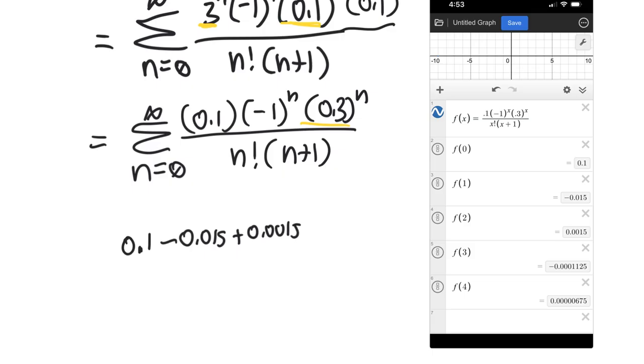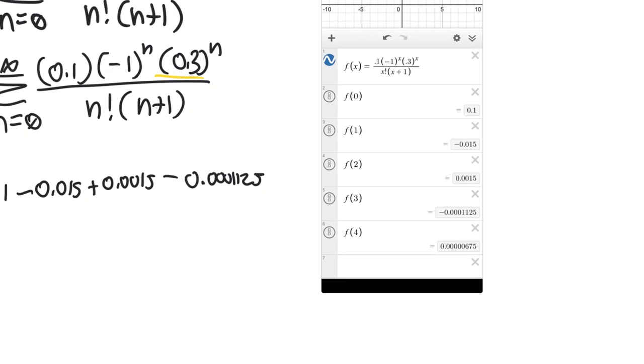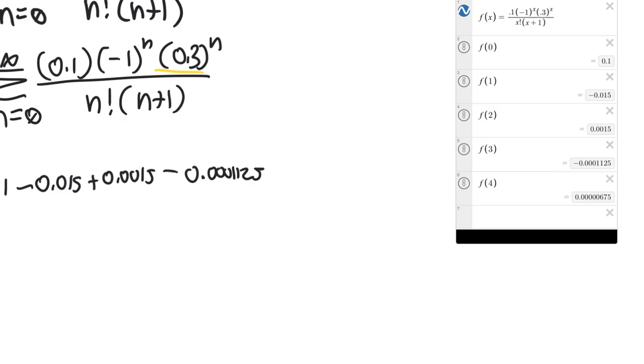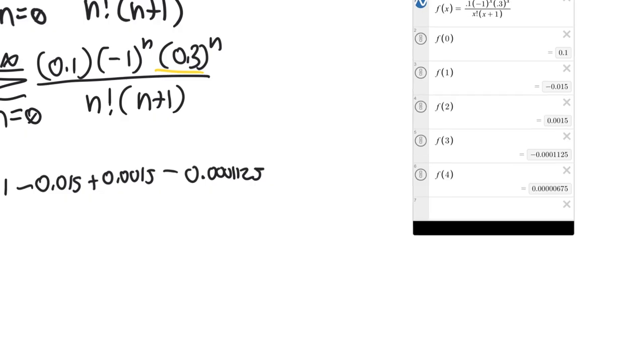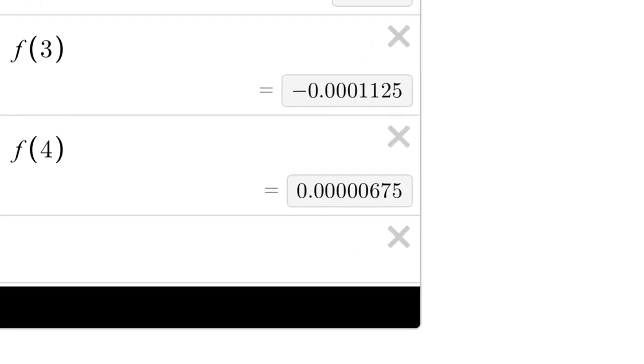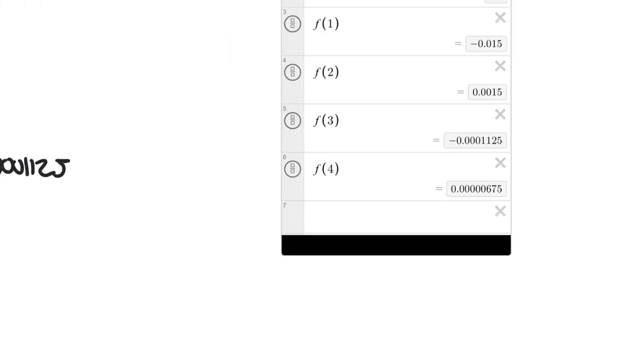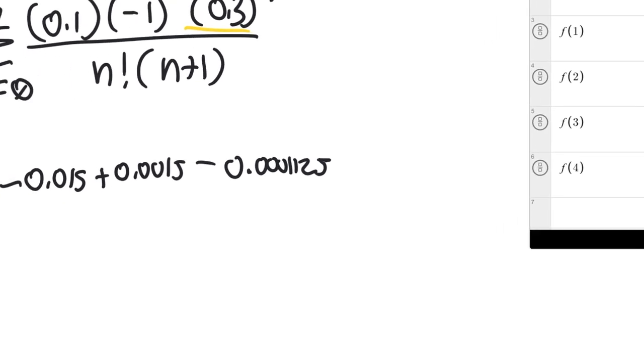The next one is negative, what is that? 0.0001125. And then the next one is, of course, this one. Now, you don't have to write it out necessarily. I think just by looking at your calculator, it should be fine. So that's 0.00005, 1, 2, 3, 4, 5, 6, 7, 5.